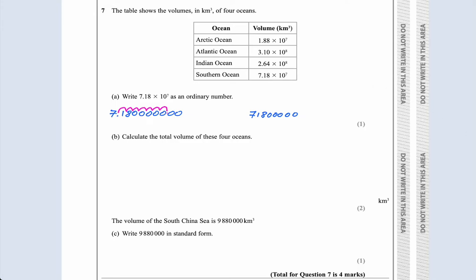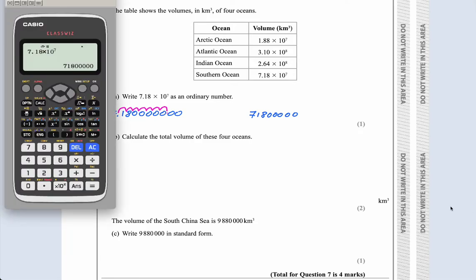Now guys, again, without a calculator, that's kind of tricky. But with a calculator, this isn't tricky at all, because I just do that plus, well, that was the Southern Ocean.